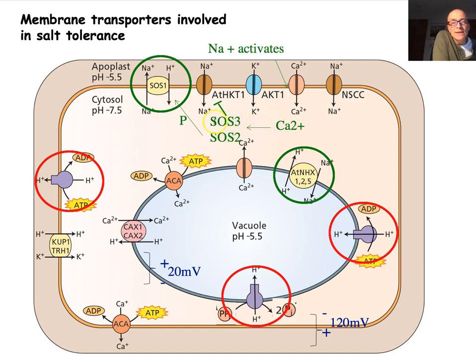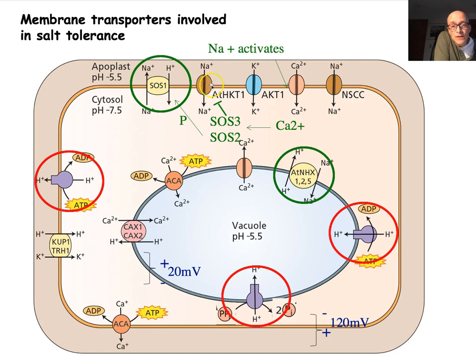When calcium activates SOS3, what SOS3 does is it inhibits, that's what this little bar means here. So an arrow is a positive activation, a bar is a negative activation or repression. So it represses any kind of transporters that still might allow sodium to get in, because apparently there's already too much sodium here.